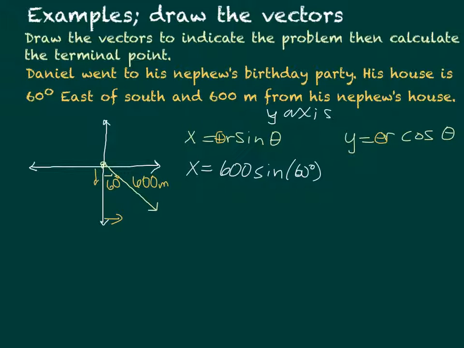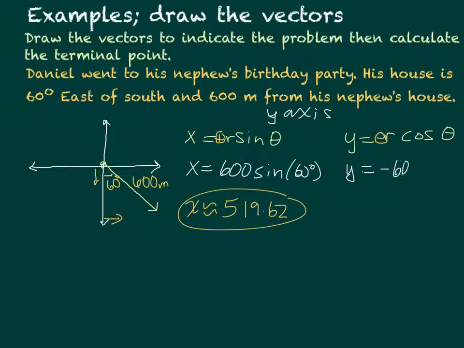And then x is going to be approximately equal to 600 times the sine of 60, which is about 519.62, somewhere in there. And my y, this one is negative, so I have negative 600 times the cosine of 60.